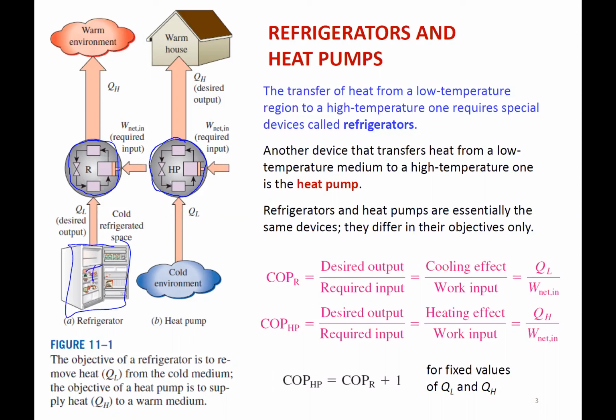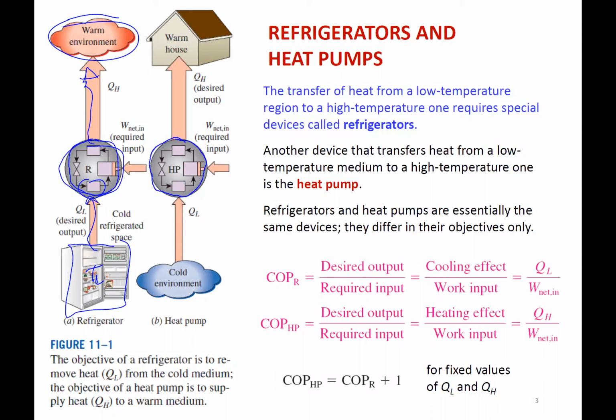So that would be our TL, and then all our components kind of in the back of the refrigerator, not in the refrigerated space. That's the refrigeration cycle right here, and we're moving this heat right here out of that refrigerated space into here, and then we're dissipating heat to the warm environment, the back of the refrigerator right there.